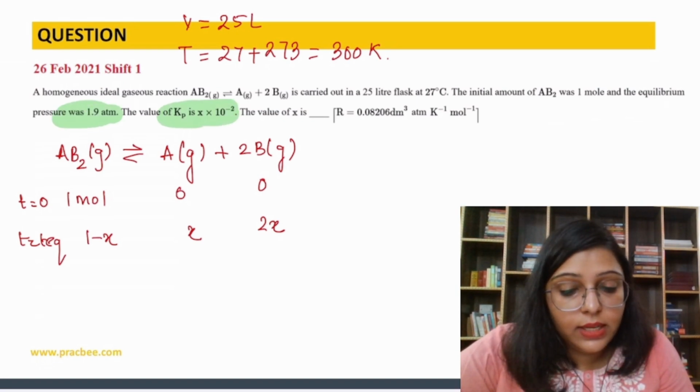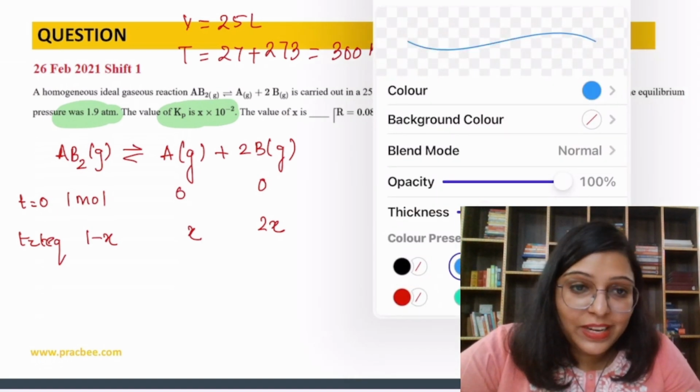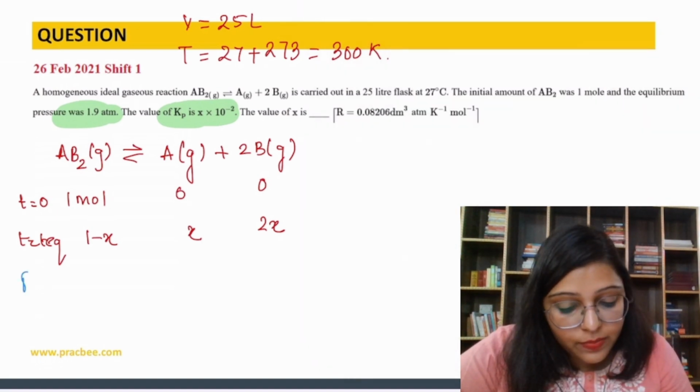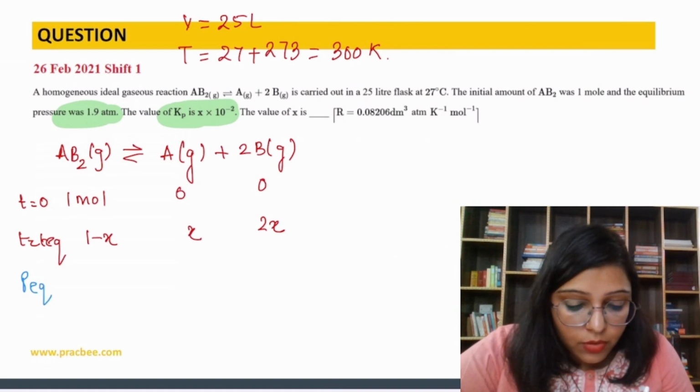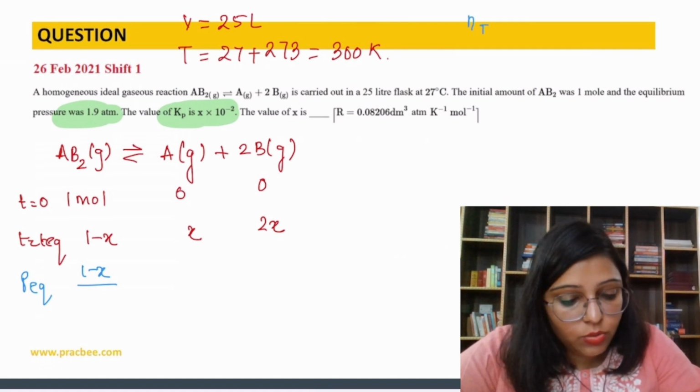So the task is to find out partial pressure now. Partial pressure at equilibrium is moles divided by total moles. Total moles are equal to 1 minus x plus x plus 2x, so we get 1 plus 2x.